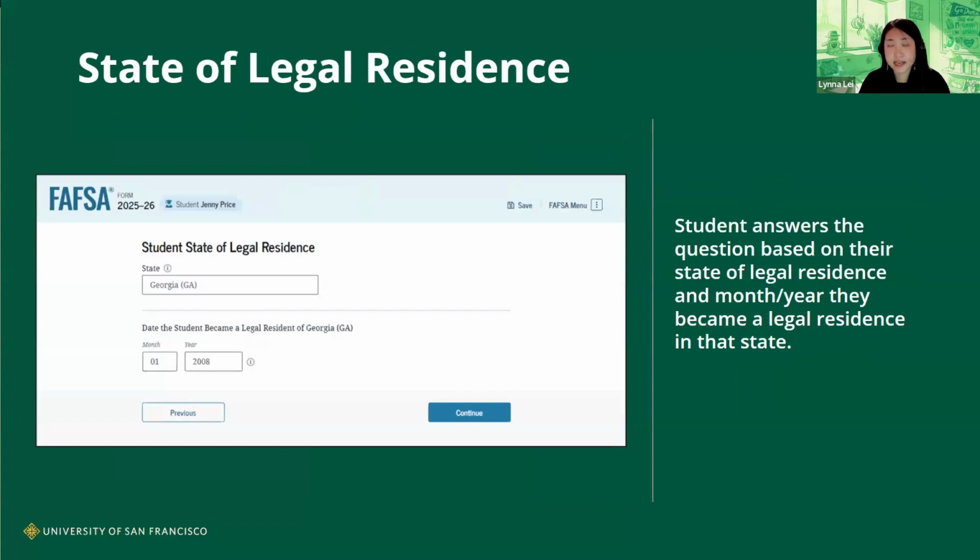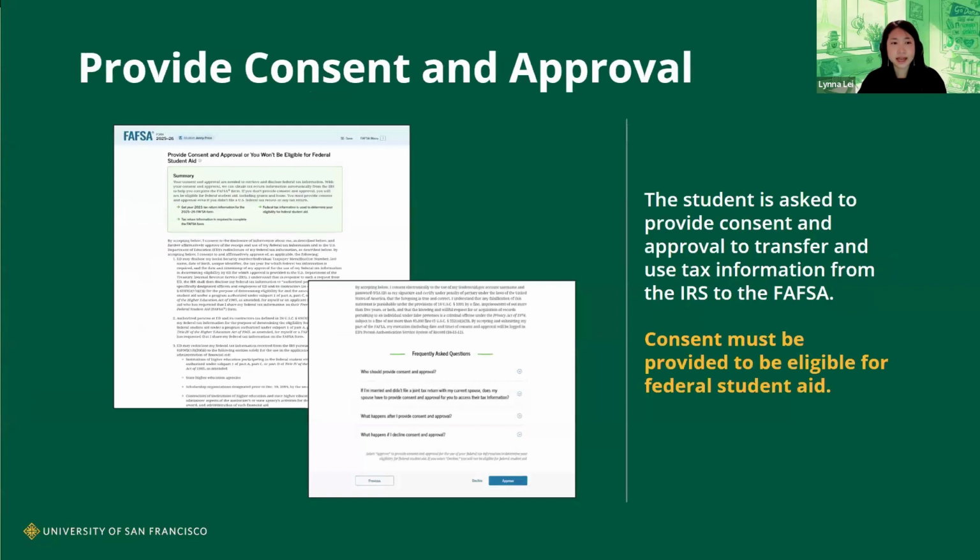After that, there will be a question that asks the state of legal residence for the student. It's important to answer this section because for those of you who are California residents, this is used to consider whether you're eligible for the Cal Grant. Next, you'll be asked to provide consent and approval in order to transfer and use tax information from the IRS to the FAFSA.